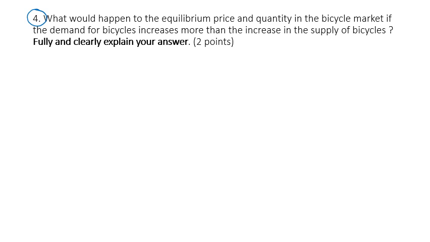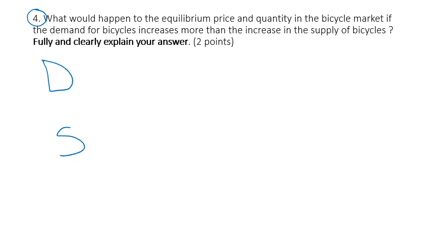So here we are able to identify two events, and we're being told that one event is stronger than the other event. What we are being told is that there's a demand event and that there is a supply event.